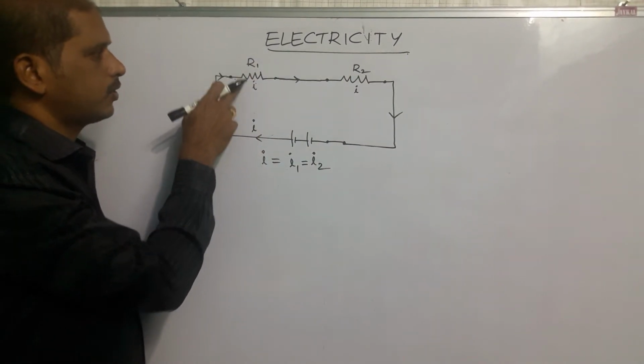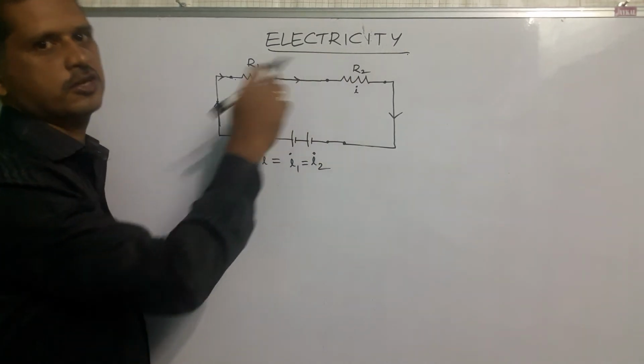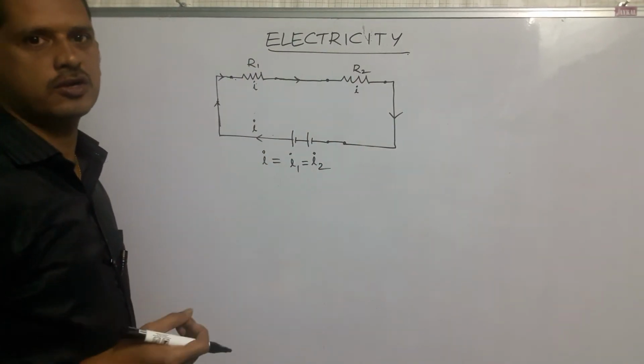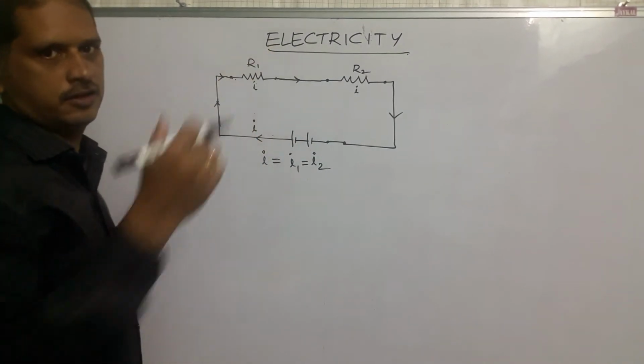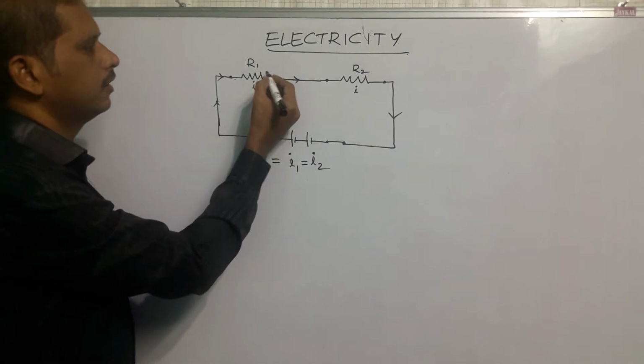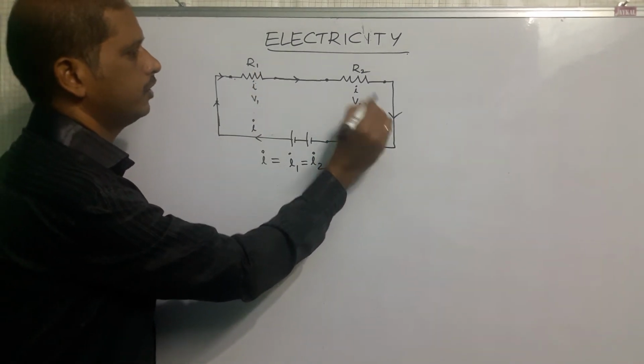The resistance of this resistor and the resistance of the second resistor are not the same, so the opposing capacity is not the same, and the potential difference created is different. Here let the potential differences be V1 and V2.